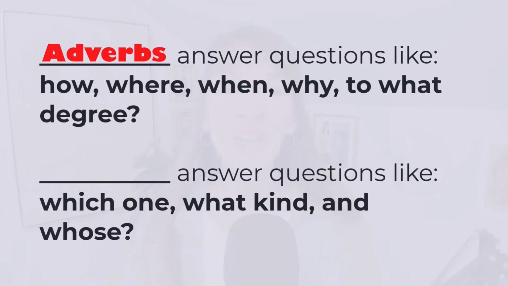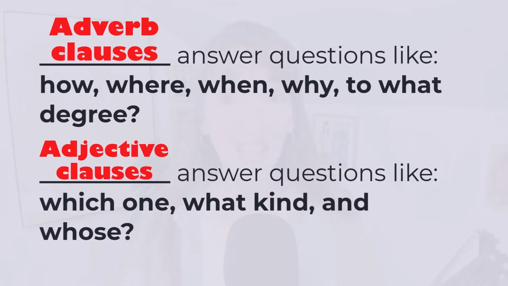Adverbs answer questions like how, where, when, why, and to what degree. Adjectives answer questions like which one, what kind, and whose. Adverb and adjective clauses are simply larger structures that answer the same questions.